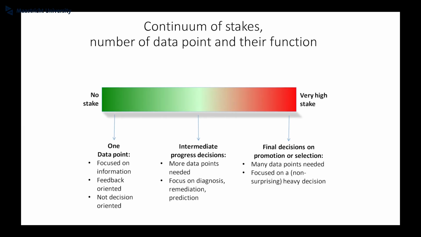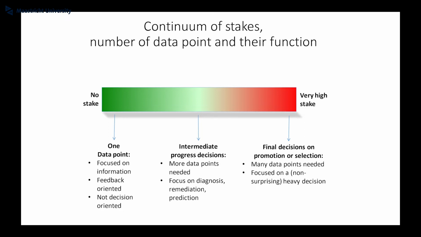Now, one of the other principles that is really important in programmatic assessment is that the stakes of the decision is related to the number of data points, right? If you have a high-stake decision, you need a lot of information. So you need a lot of data points, right?